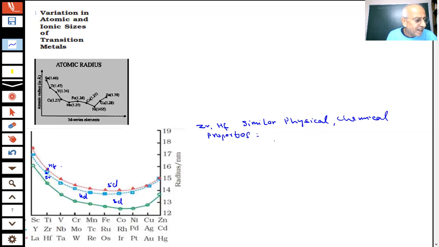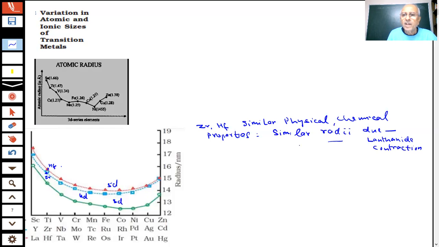So what is happening here? When the sizes of the atoms are almost equal, students, their radii are almost equal. They have similar radii. If they ask you why they have similar radii, then that is due to lanthanoid contraction. What I am trying to tell you, student, is that the answer has to be according to the question.